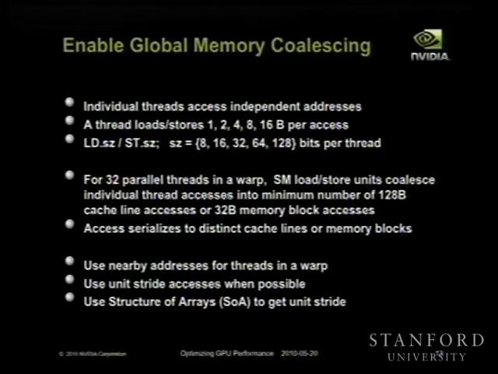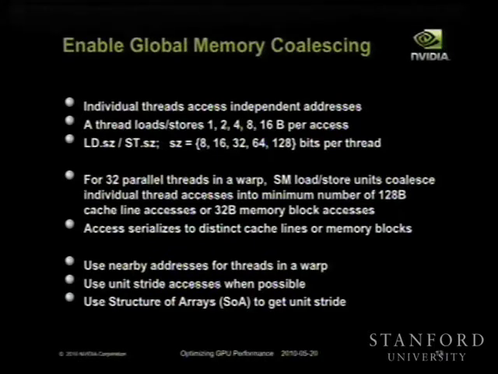And if you look at the PTX instructions, you'll see instructions like load.64, which means load 64 bits per thread, which is 8 bytes per thread for a double precision number, let's say.